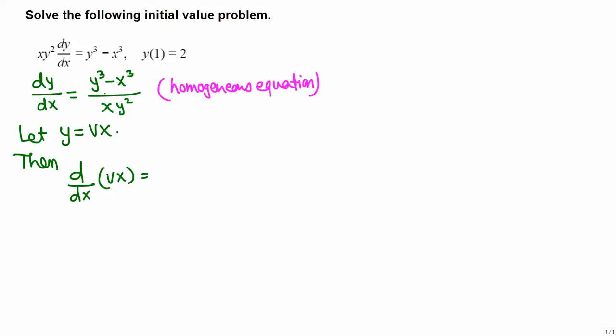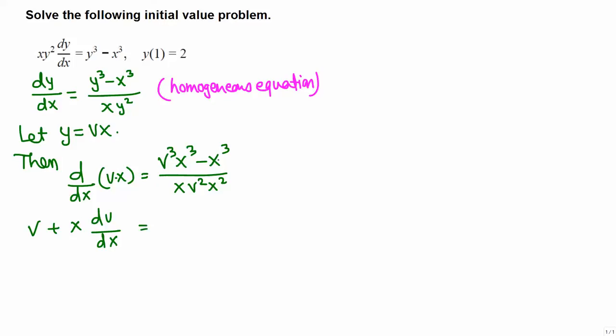On the right hand side, y cubed means vx cubed, so v cubed x cubed minus x cubed over x times y squared. Y squared means v squared x squared. Now on the left hand side we have the derivative of a product, so use the product rule. So v times the derivative of x, this is 1, plus x times the derivative of v, dv over dx. We found the derivative using the product rule.